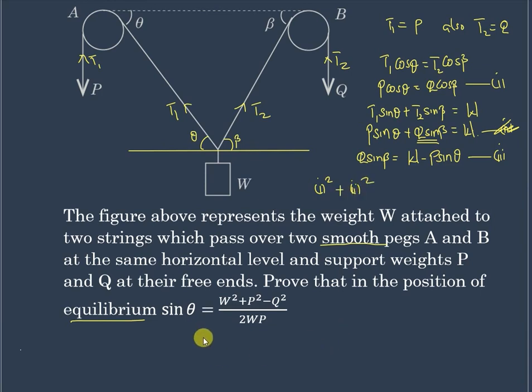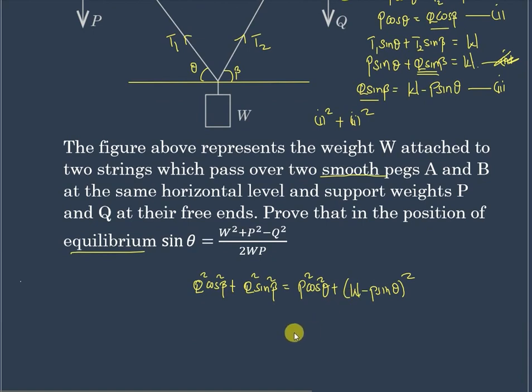When I square that, I am eliminating, so I shall have Q squared cos squared beta plus Q squared sine squared beta. What I get for the first one is P squared cos squared theta plus, for this one, W minus P sine theta squared. That's what we call squaring the two equations and adding them.